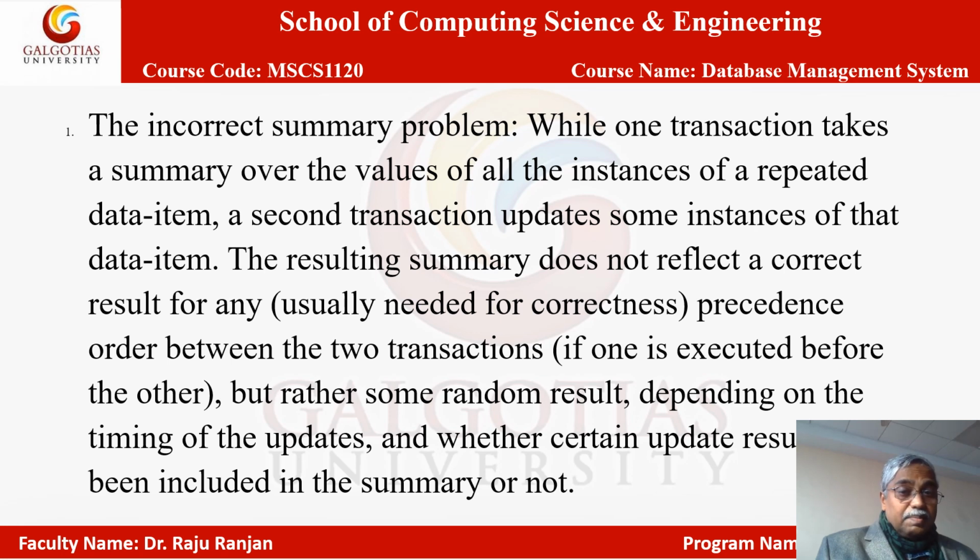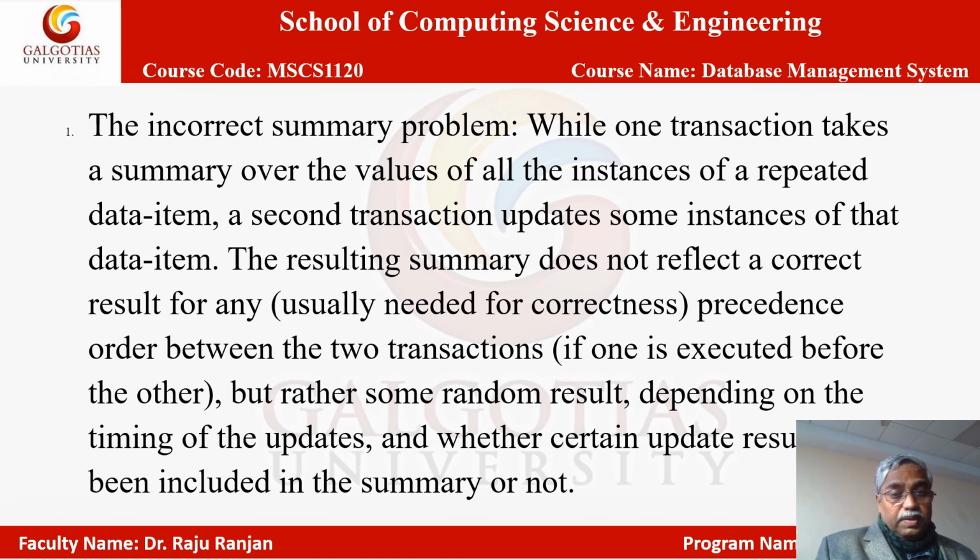The resulting summary does not reflect a correct result for any usually needed for correctness precedence order between the two transactions, if one is executed before the other, but rather some random result depending on the timing of the updates and whether certain update results have been included in the summary or not.